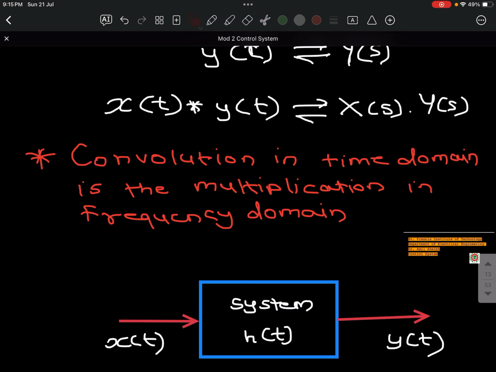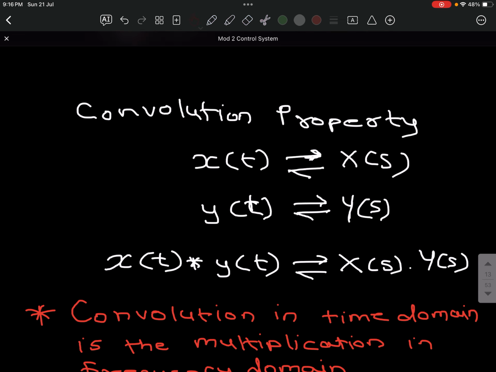So like I said, it is an LTI system, which is represented by h of t. This is the impulse response of an LTI system. Now if the input is x of t and the output is y of t, what will be the final equation? So again we will come back to that particular statement.